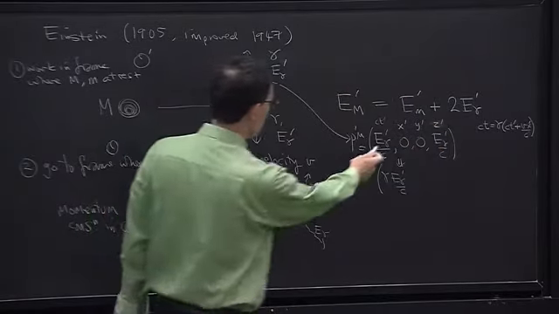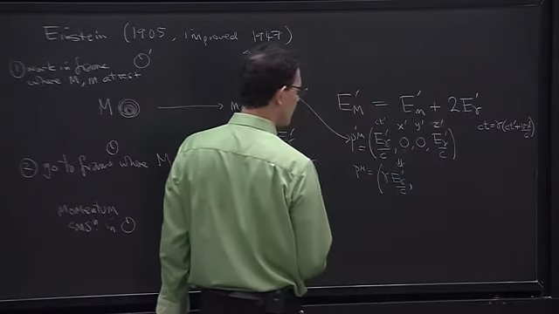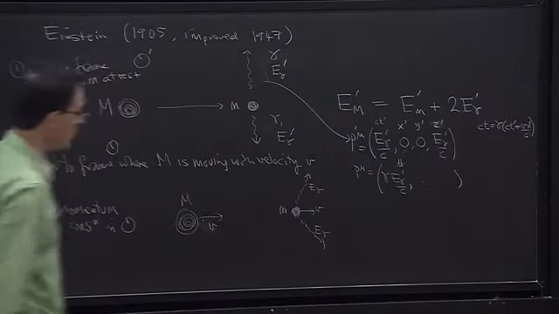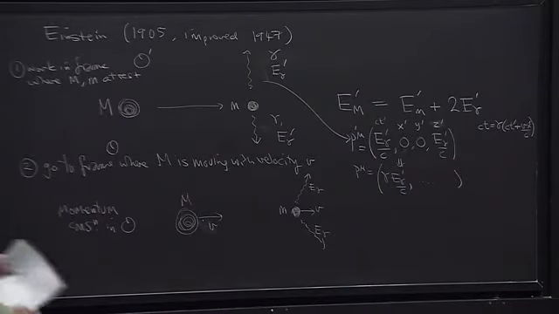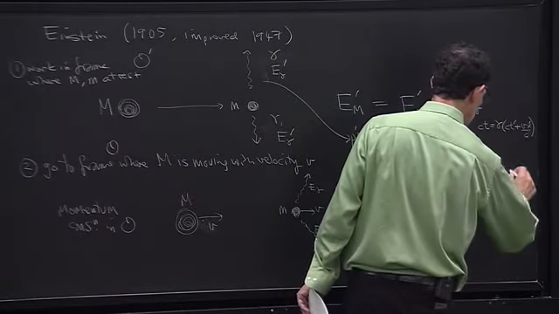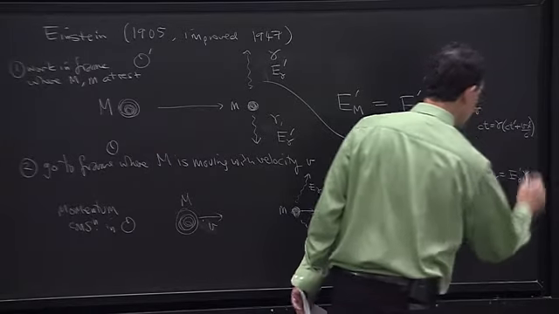Because X prime is 0, there's no X component of the momentum. That's all I get. And so on, other components. So obviously it's true that E gamma is E gamma prime times gamma.